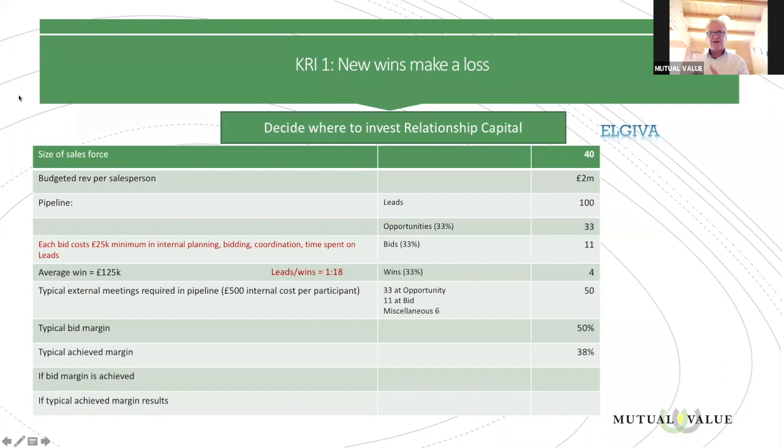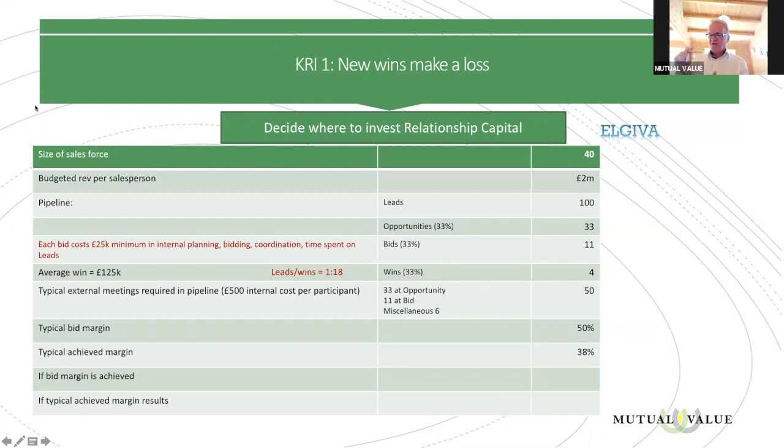You qualify them, then you go on meetings with, let's say, the 33, follow-up meetings, you do outline initial proposals, and so on. We're saying, and this I think is cheap, that typically you'll do that number of meetings. And then you decide to bid some. And that's when the internal bid team kicks in.